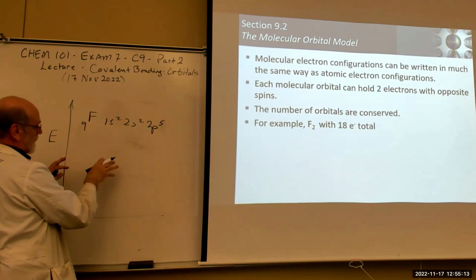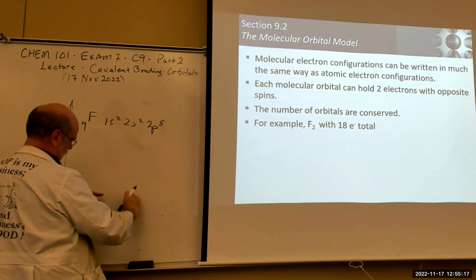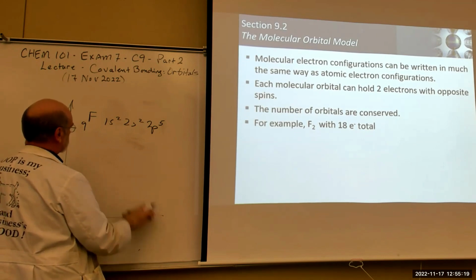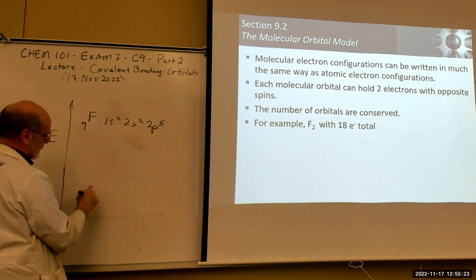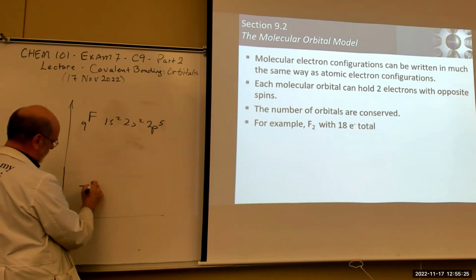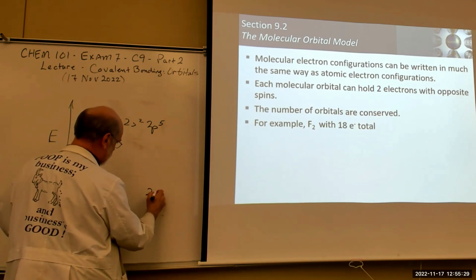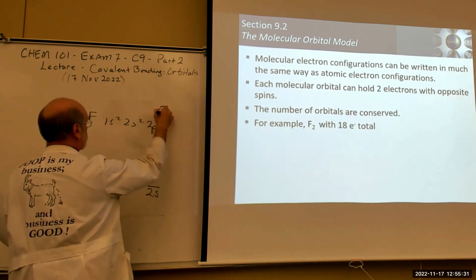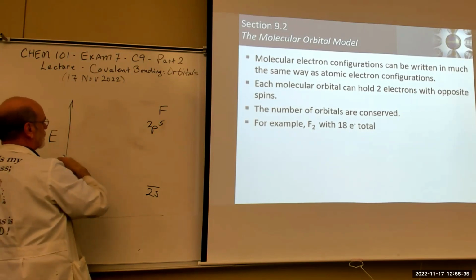Okay, so if we leave the 1s out, it would be down here somewhere. But if we just draw in the 2 levels, then we have a 2s here and a 2s here for that fluorine and this fluorine.